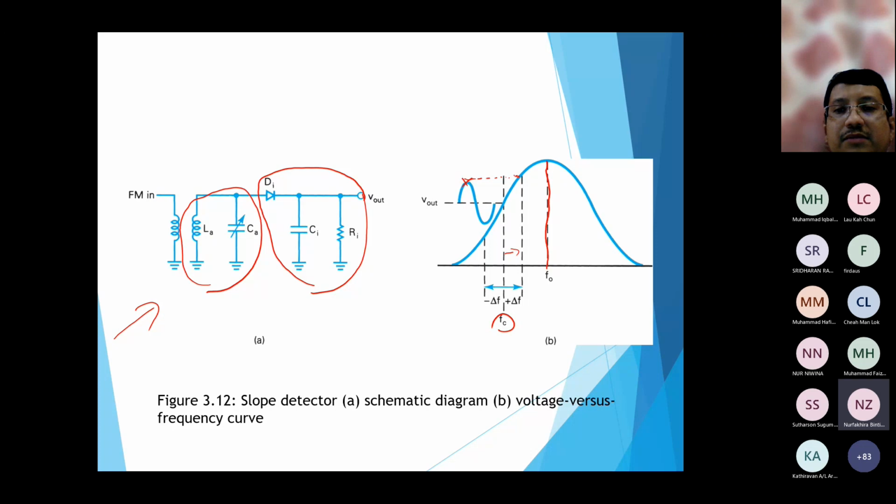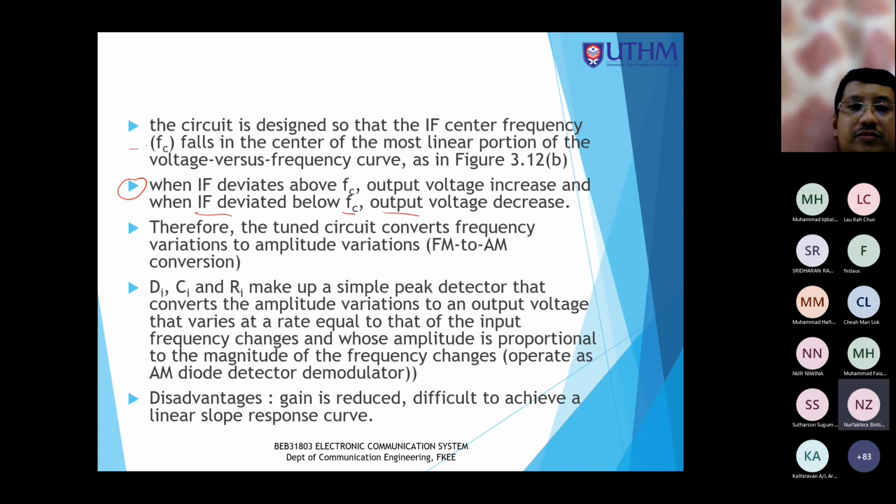And whenever the input frequency varies from the center of the intermediate frequency to the lowest, for example, this one, this will produce the lower voltage. Okay, the minimum voltage at the output. So the output will decrease.